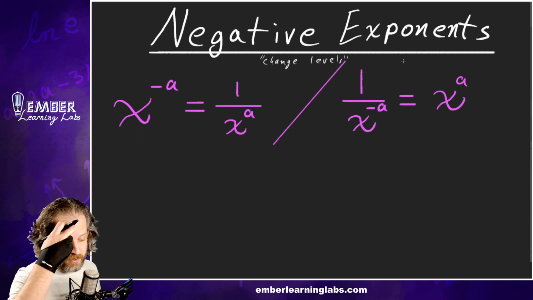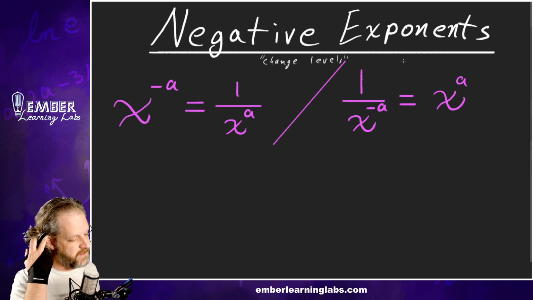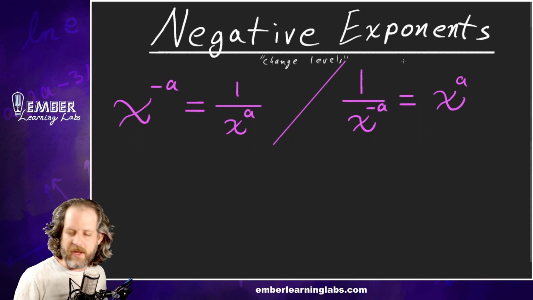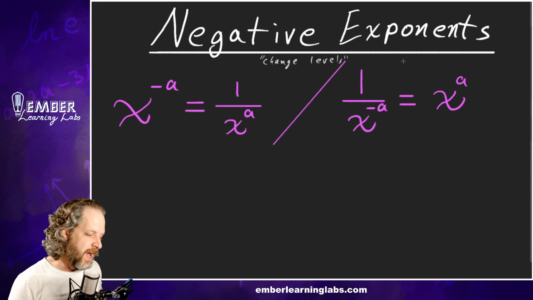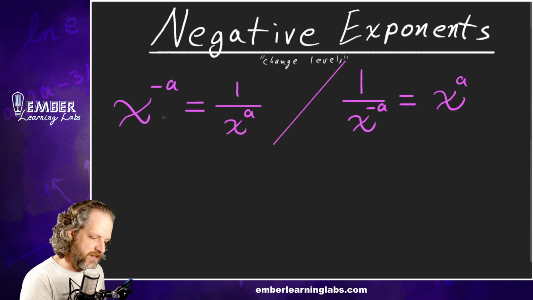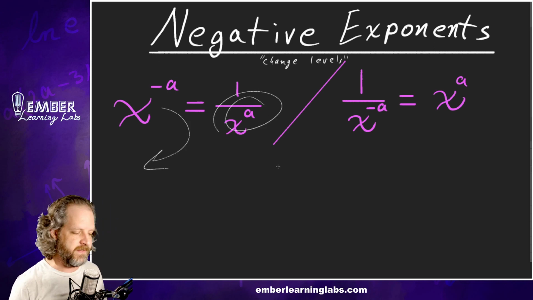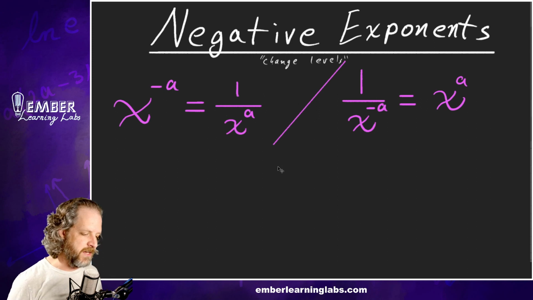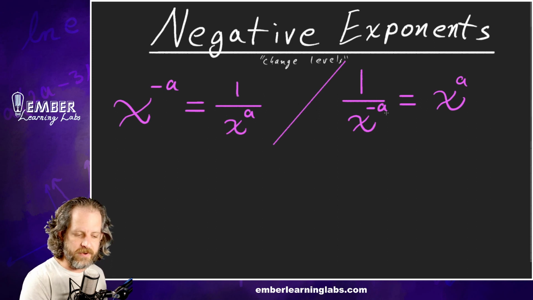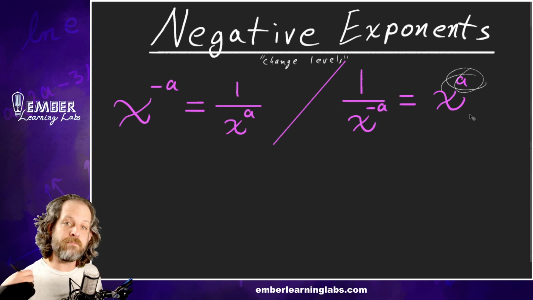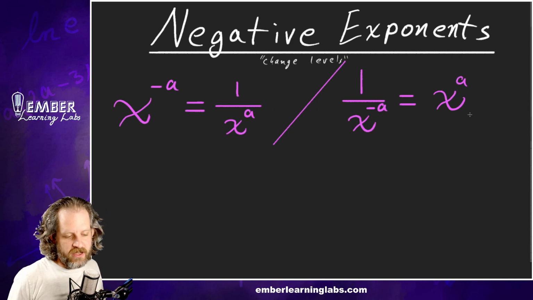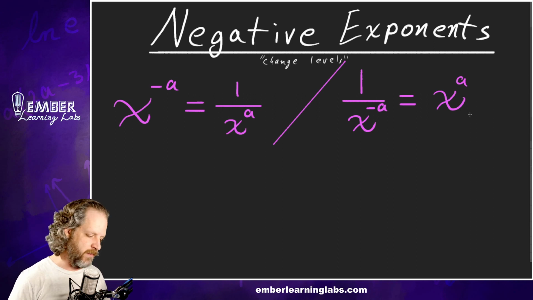Now, you notice also, this is a place where I see errors being made on problems like this: after it's changed levels, or after this has gone down to the denominator, the exponent is now positive. It's the same number, but it's now positive, right? Same thing here. If we got a negative exponent, it goes to the top, and now the exponent is the same thing, but it's positive, right? Which is usually the goal. We don't like our final products to have negative exponents in them, right?